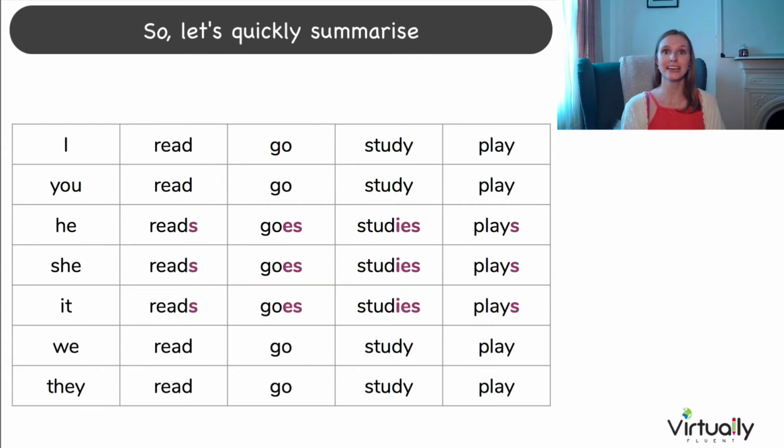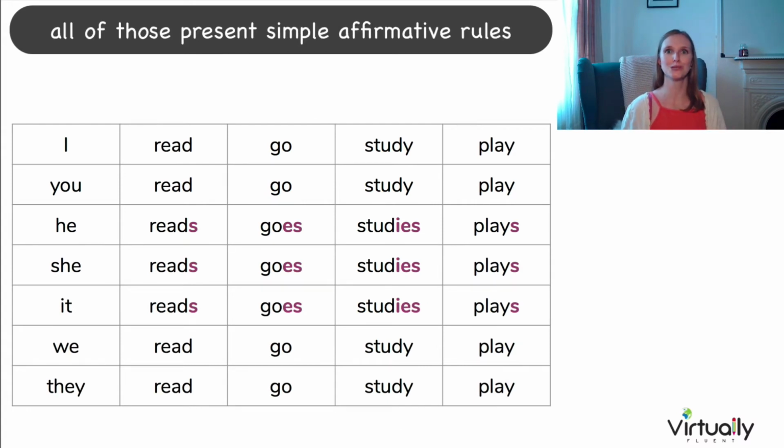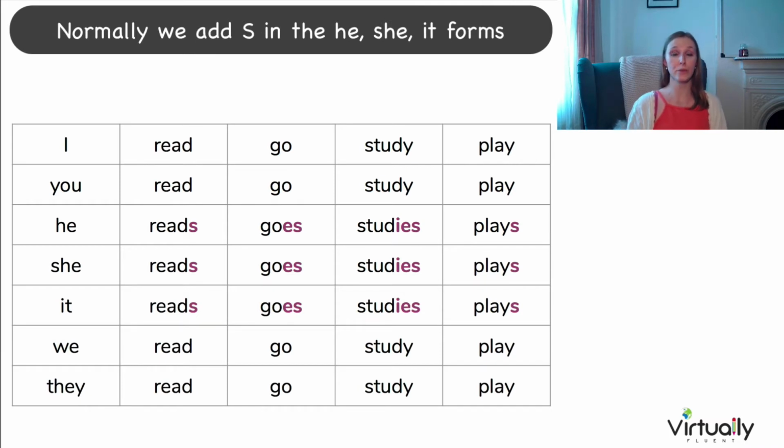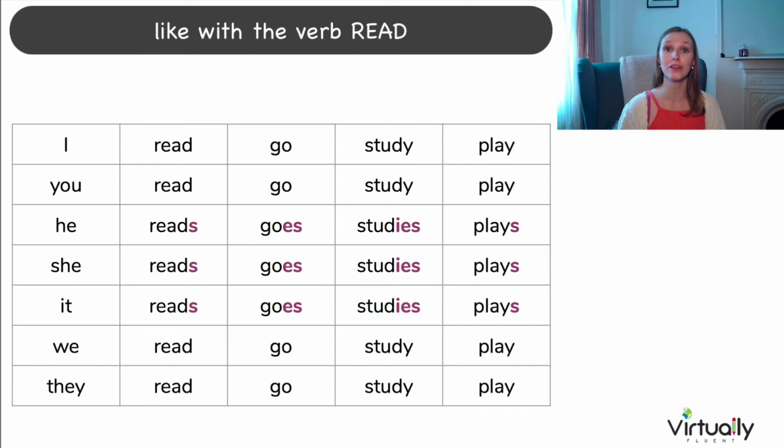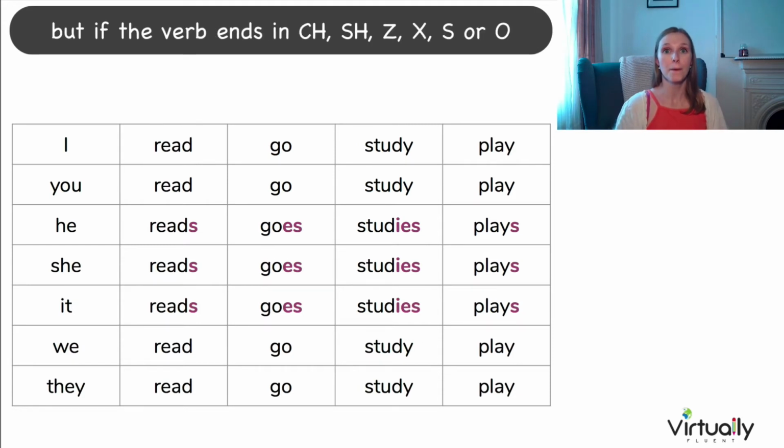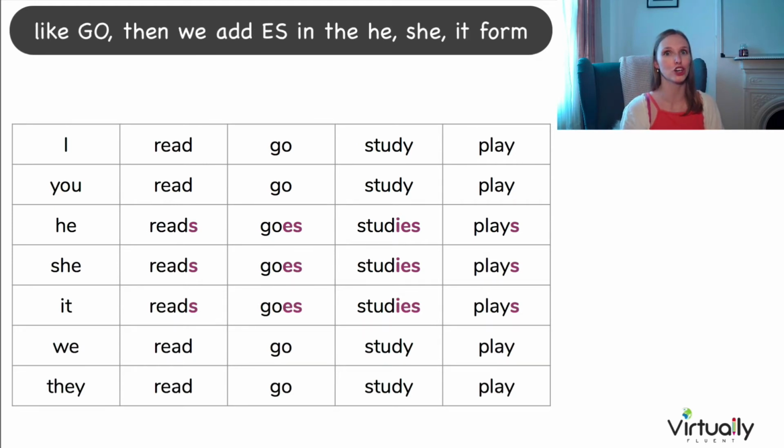So let's quickly summarize all of those present simple affirmative rules. Normally, we add S in the he, she, it forms, like with the verb read. But if the verb ends in CH, SH, Z, X, S, or O, like go, then we add ES in the he, she, it form.